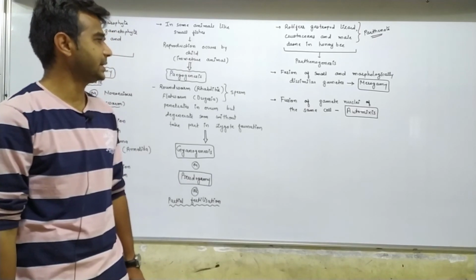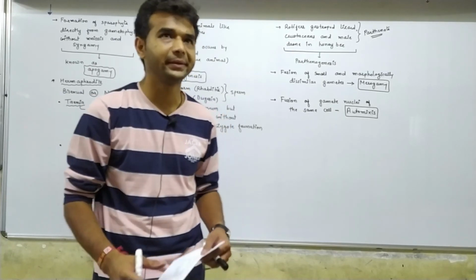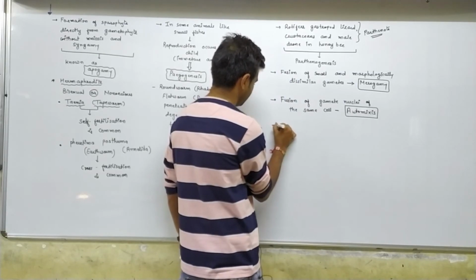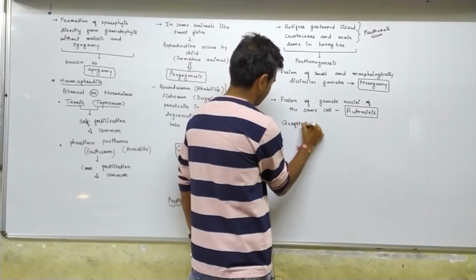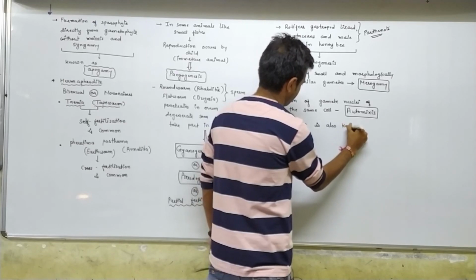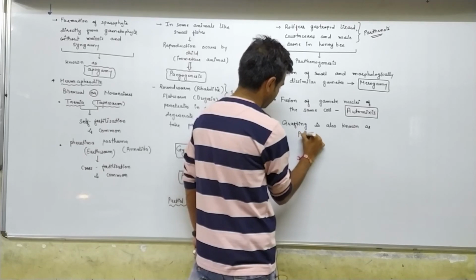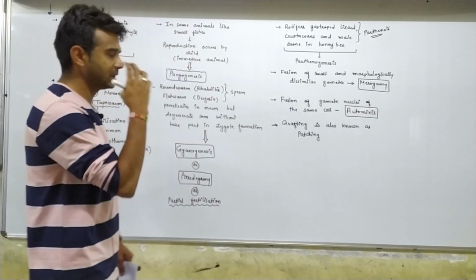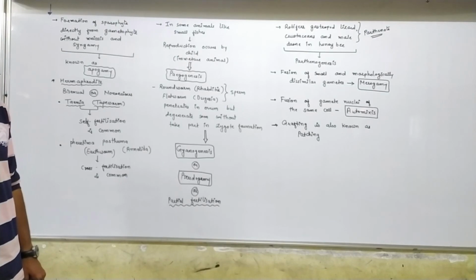Fusion of the gamete nuclei of the same cell is known as autogamy. Grafting is also known as patching. Okay, the grafting method is also known as patching.